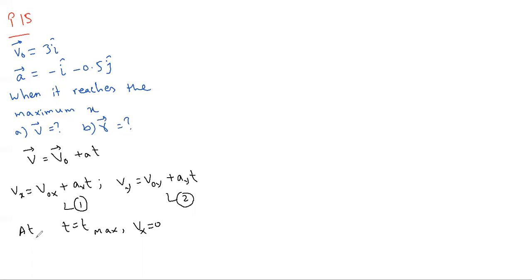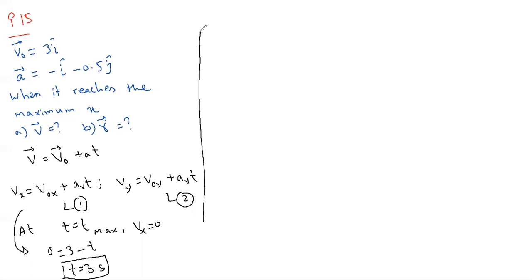So this vector will be 0. Now equation number 1 becomes 0 equals 3 minus t. So t will be 3 seconds.